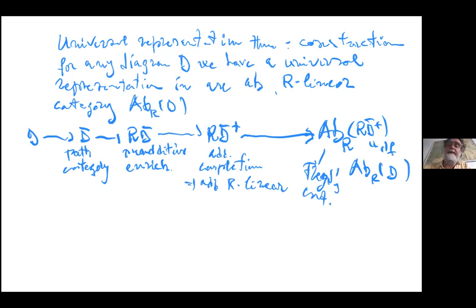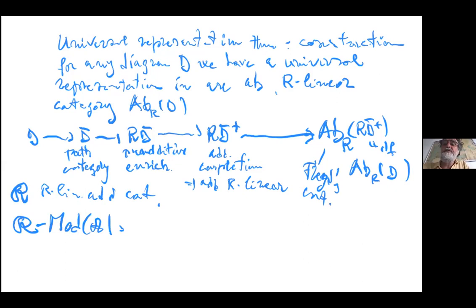So the last step is as follows. And I revisited a little bit Freyd's theorem. So take R, an R-linear additive category. Then you can make a functor of internal R modules, which by definition are additive, R-linear functors from R to A, where A is abelian.